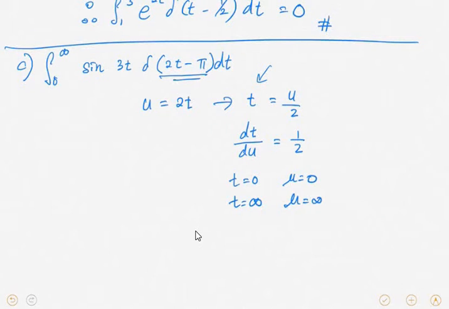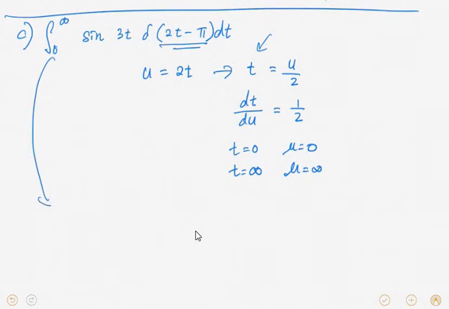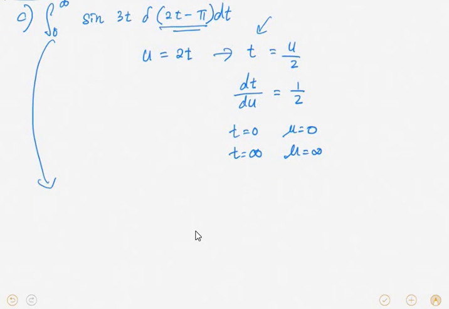Okay, now you substitute the 2t into u. So from here, 0 to infinity is sine 3t delta. Oh, sorry, I should change also the t here. The t here should be u over 2, because we use this one.